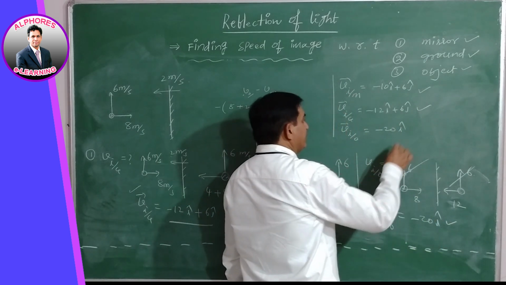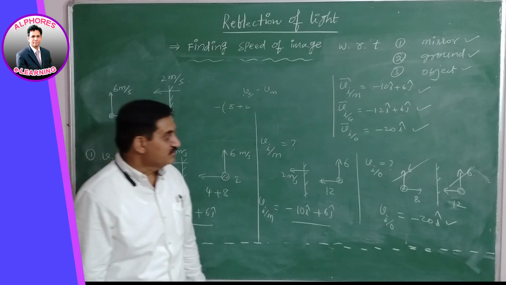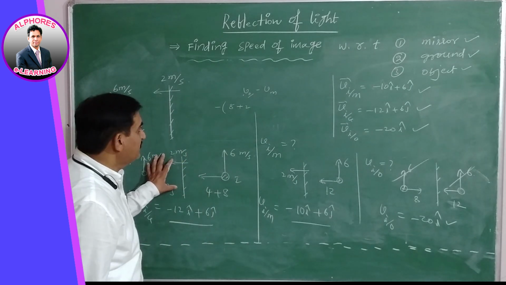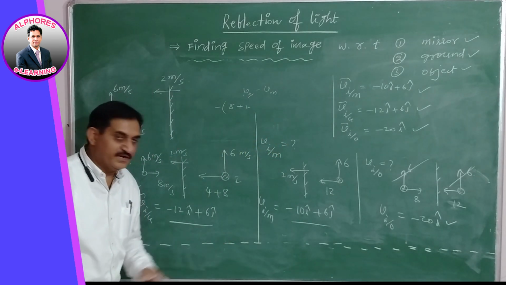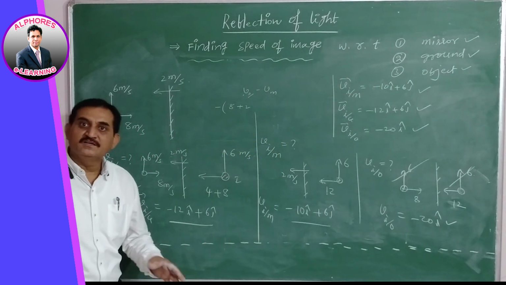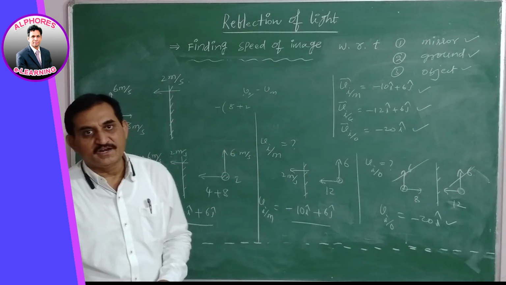That is verified with the answer obtained in the vector method. So this is the general method and that is the vector method. The answers are verified. In both methods we are getting proper answers. Okay, then next let us move on to another problem.